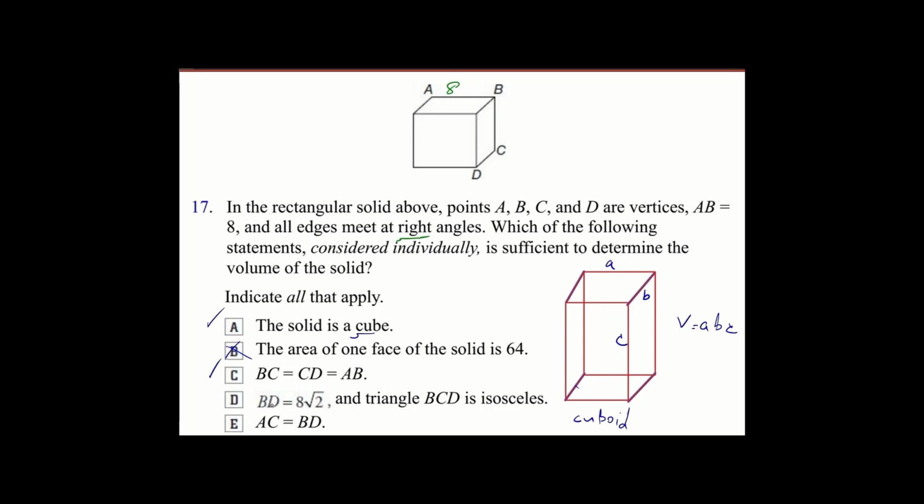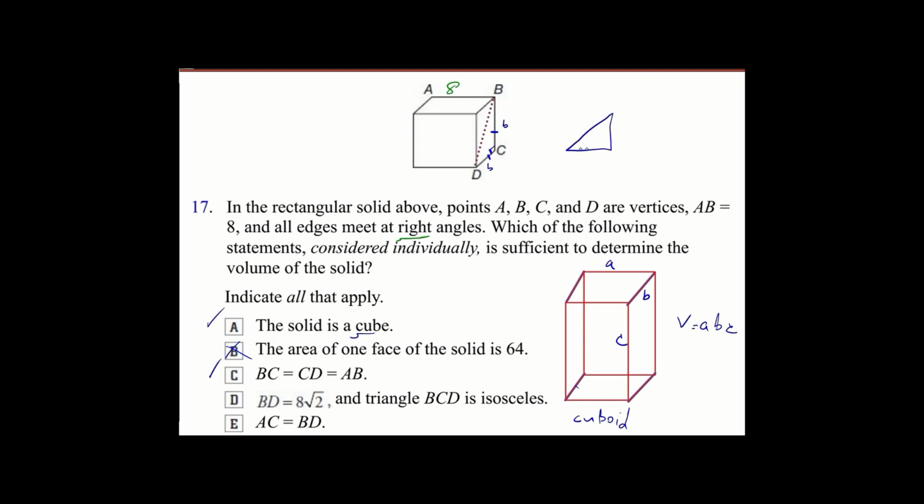It says that BD, this line, is given as 8 square root of 2, and the triangle BCD is isosceles. What is isosceles? Isosceles is a kind of triangle in which two edges, which are in the 90-degree crossed edges, are equal. So if this one is B, this one is B, let me draw this triangle in here.